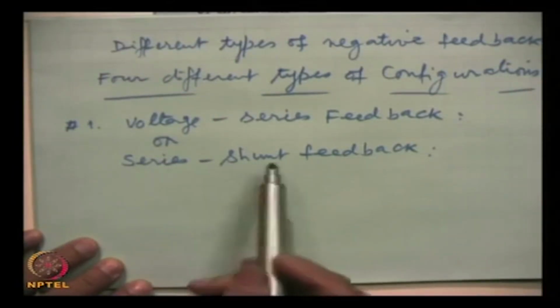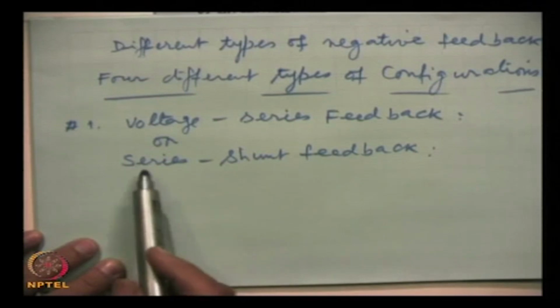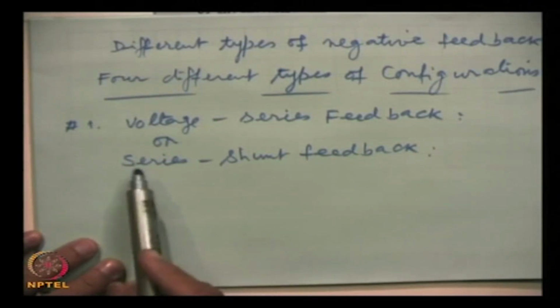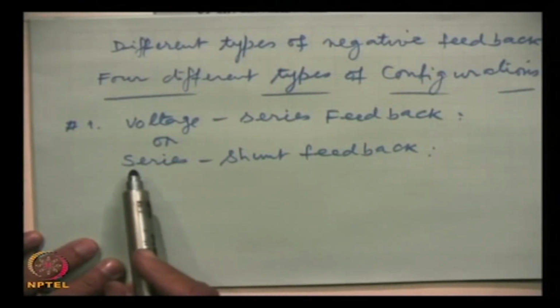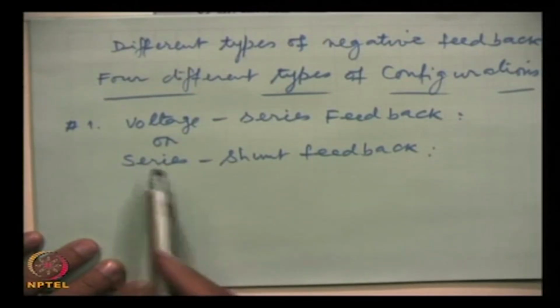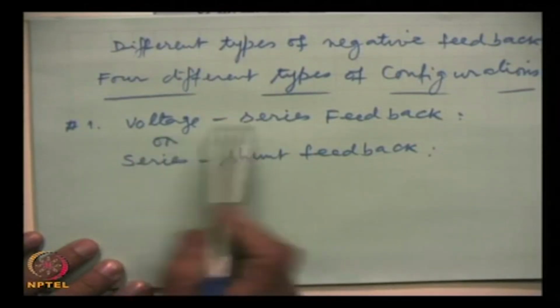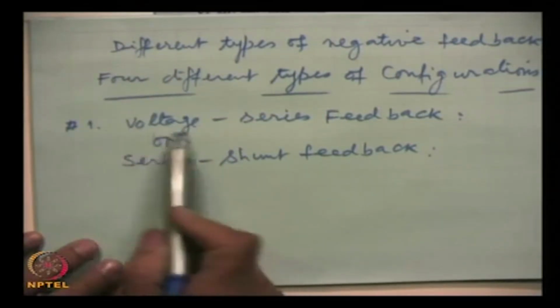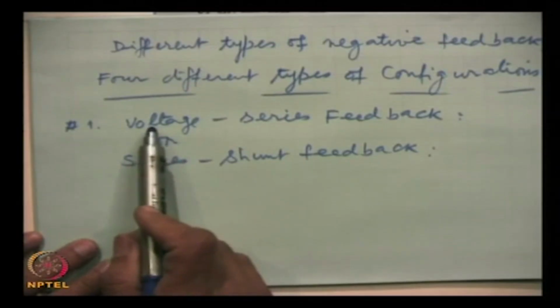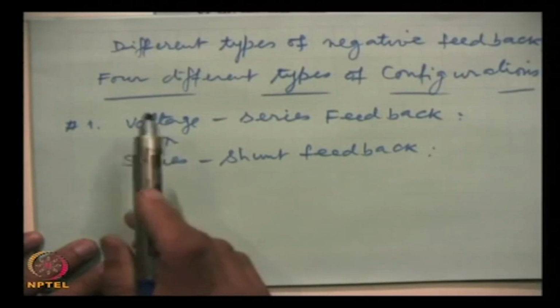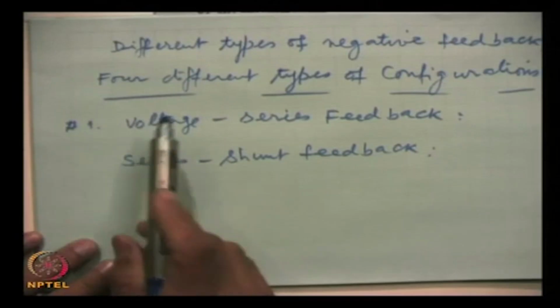In this nomenclature, this talks about the input connection, how the feedback network is connected to the basic amplifier at input, and this is at output. While in this nomenclature, this stands for what we are feeding back, the fraction of the output voltage or current.